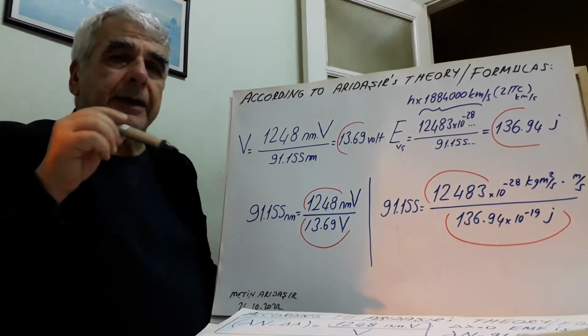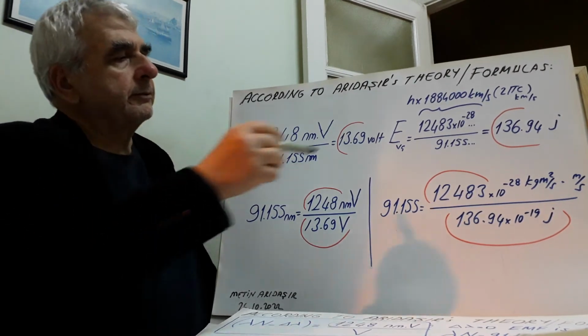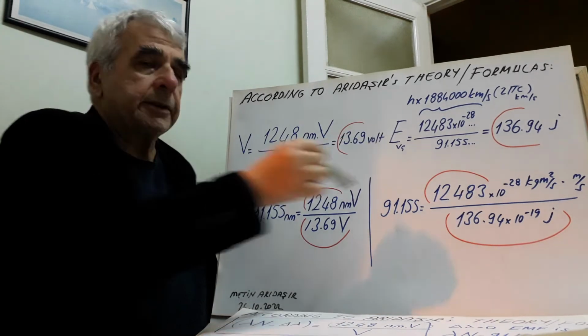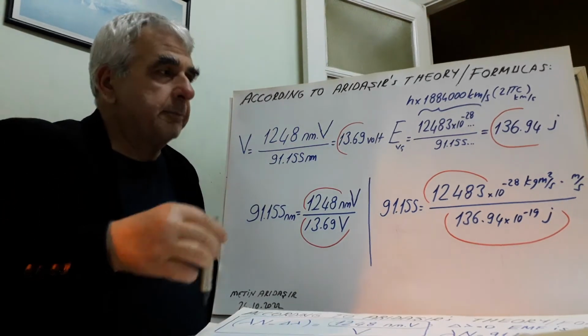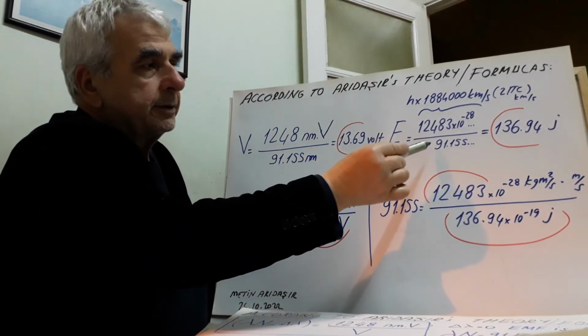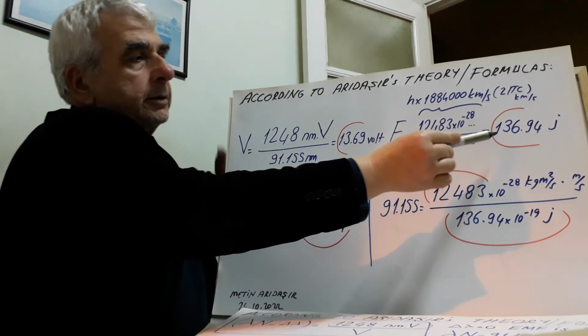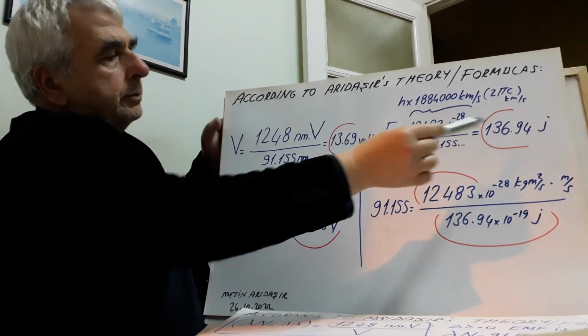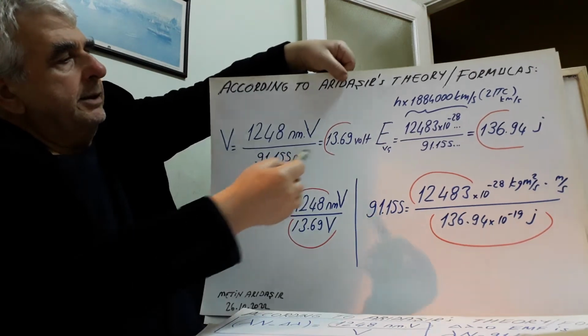And for the at rest electron motion form, the linear velocity component energy is 136.94 joule. Look at these figures.